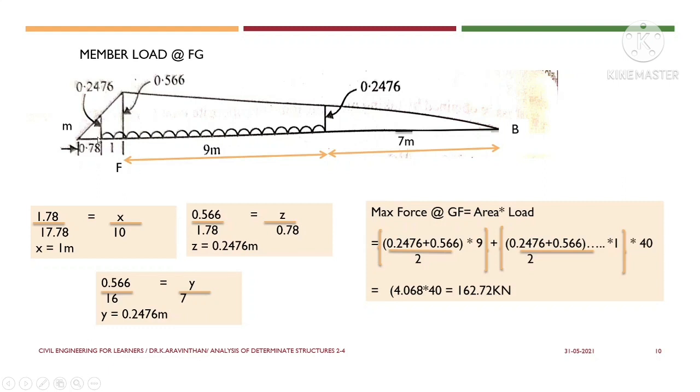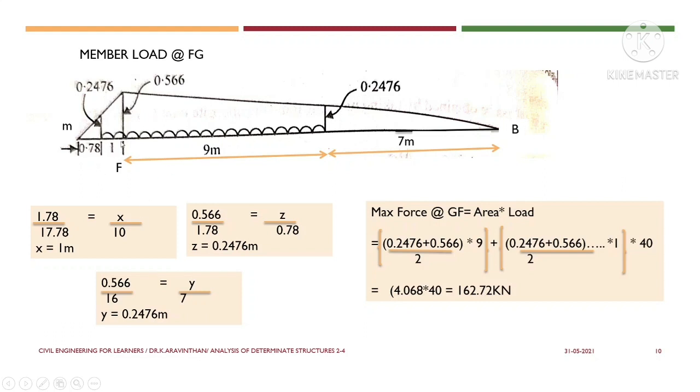So the horizontal distance second ratio is 0.78. The ordinate is taken as Z, and after cross multiplying, we got the value of 0.2476 meter.